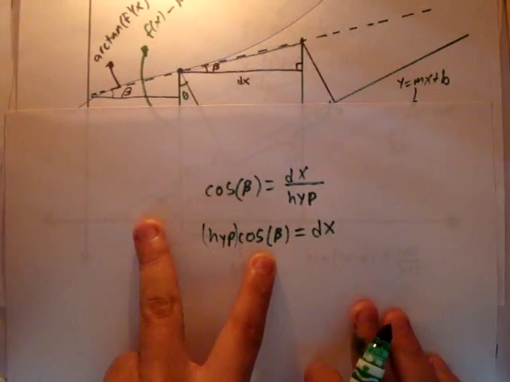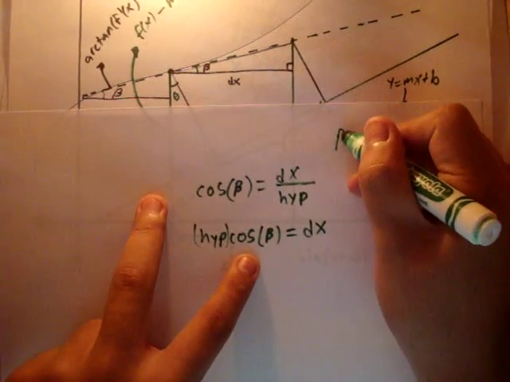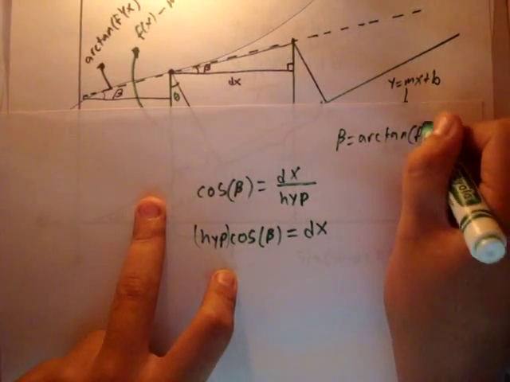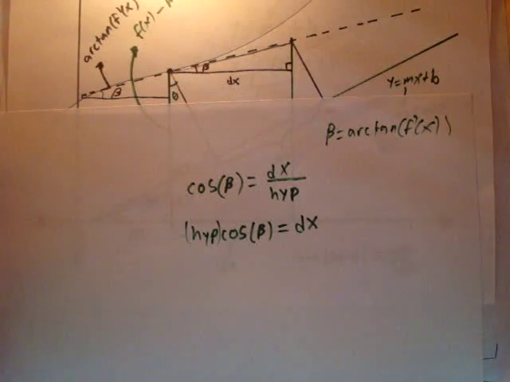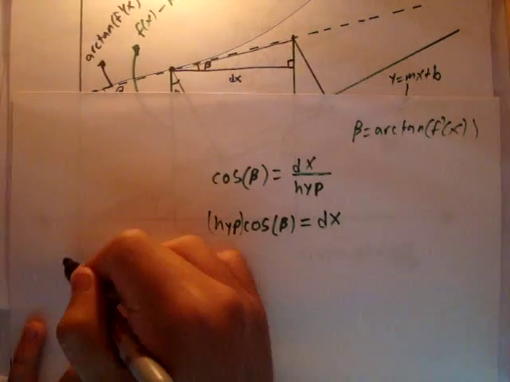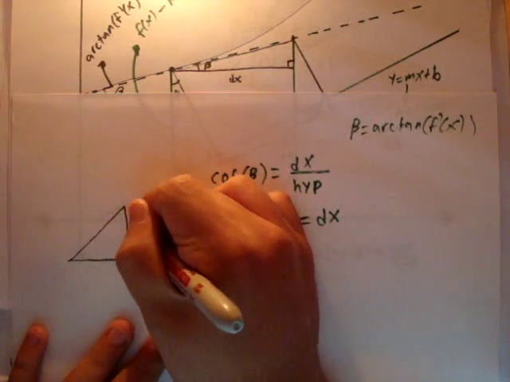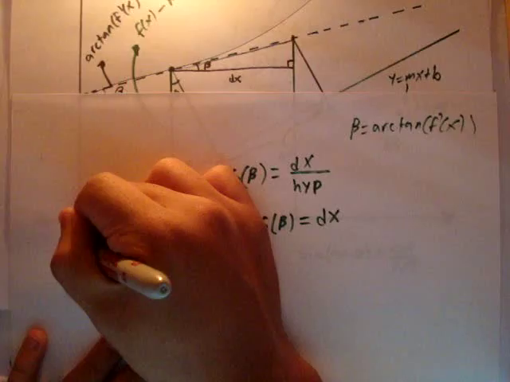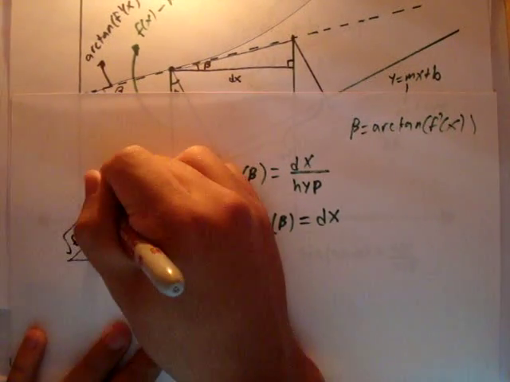So, cosine beta. Beta is simply arctan of f prime of x. So we're going to have to take cosine of arctan of f prime of x. So we can just do a representative triangle right here. We'll put f prime of x right here. That's 1 because it's tangent, opposite over adjacent. We find the missing leg, or in this case the hypotenuse.